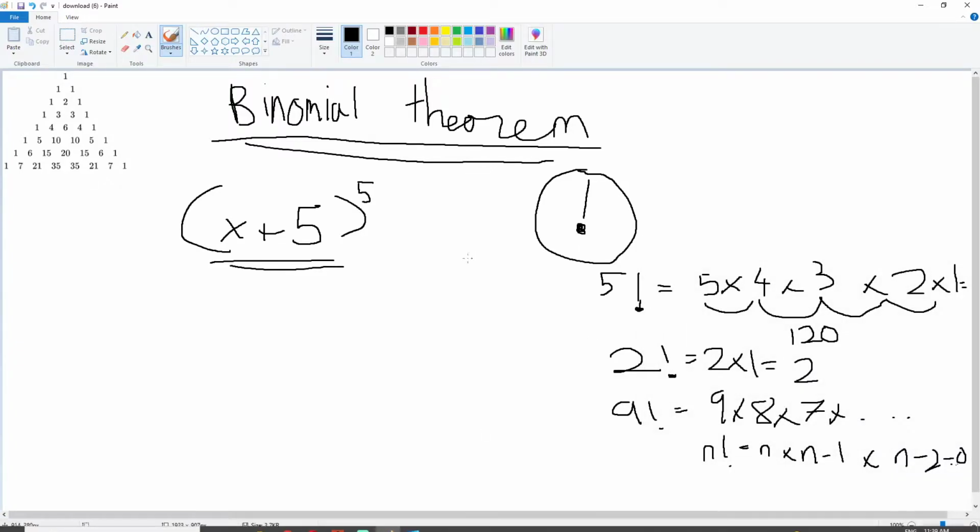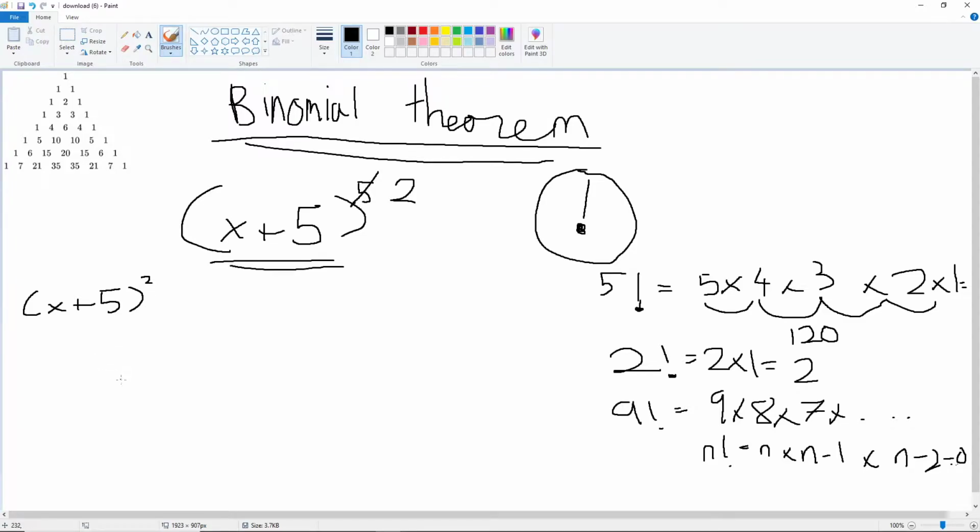Now let's talk about another basic we have. Imagine this isn't 5 now. Imagine we take x plus 5 to the power of 2, squared. This is really basic, we do this in GCSE. This is just x plus 5 and then x plus 5.